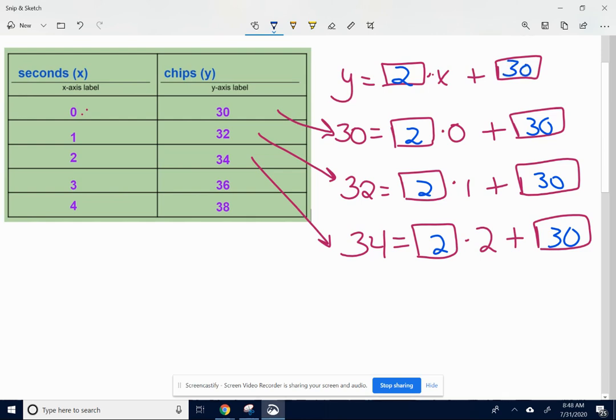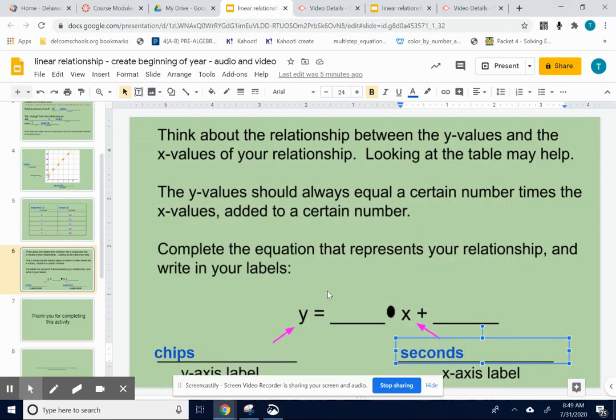So see if you can figure out which numbers would work in your particular situation, the numbers that you could put into the equation that will show the relationship for every set of numbers. So I want to go back to my screen.